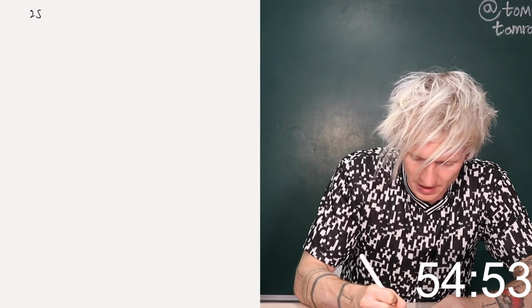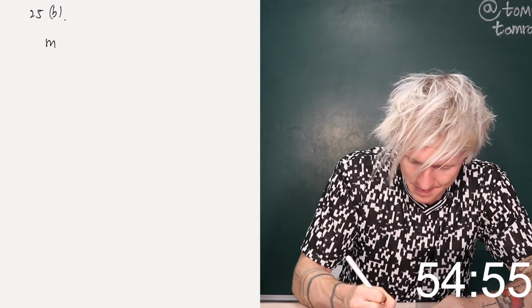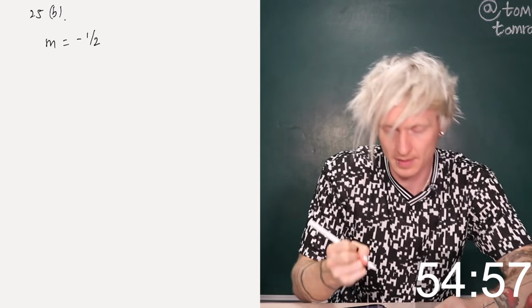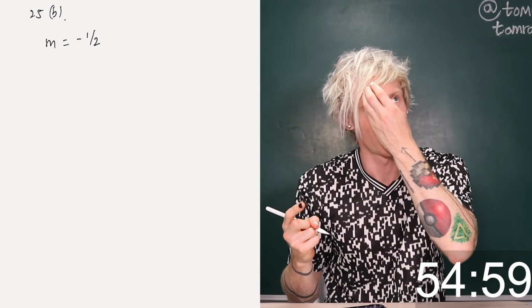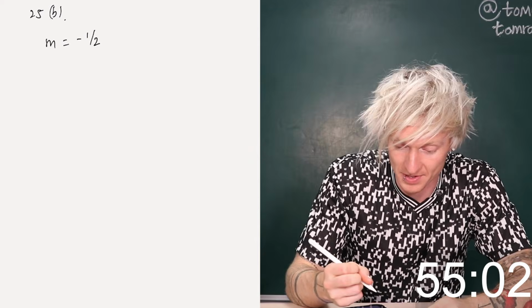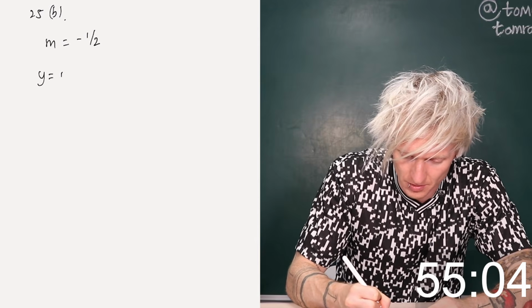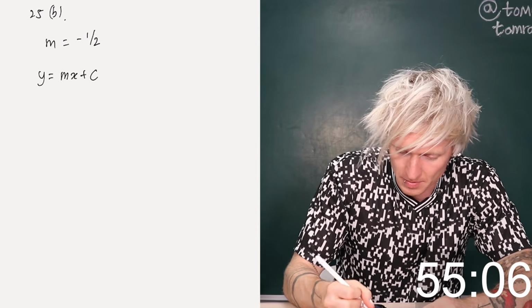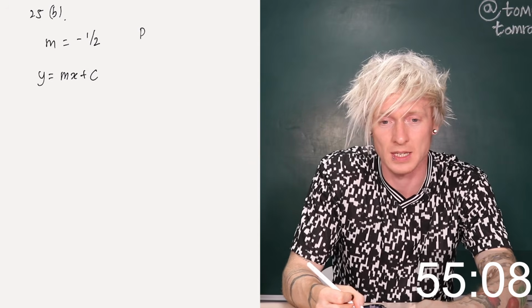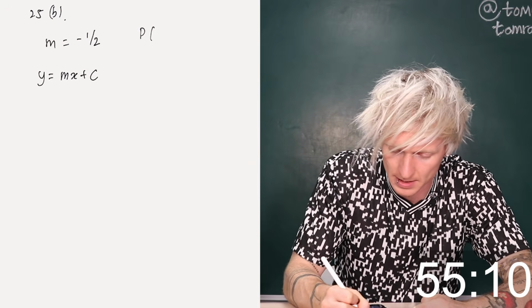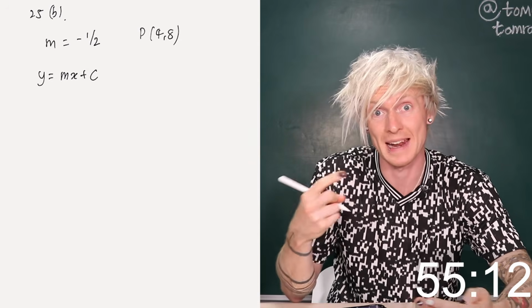Okay, so what we know then is, and this is going to be part B, so 25B, we know that m, the gradient of our line, is minus a half. So if I try the y equals mx plus c approach, I know I'm going through the point P, which is given by (4, 8). So I sub them in, I find c.